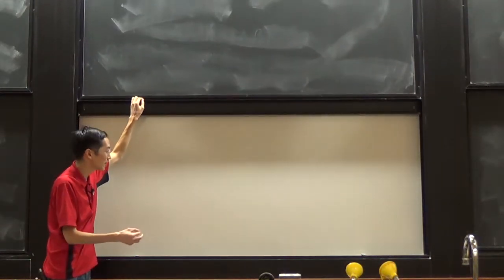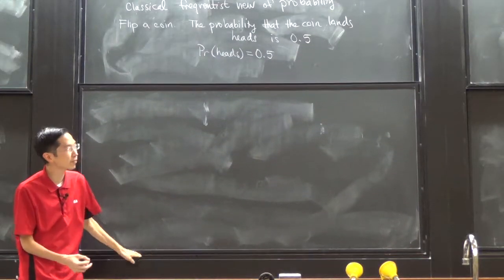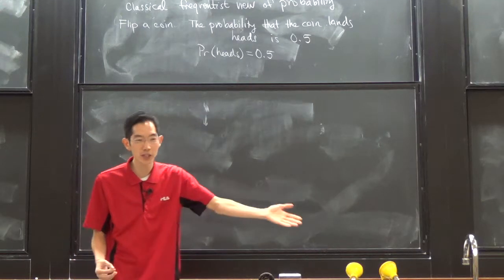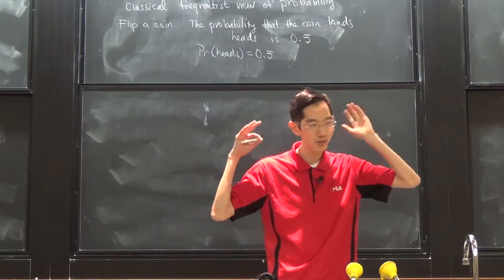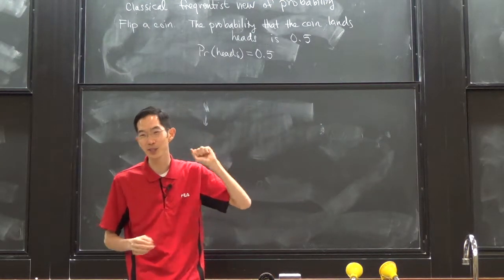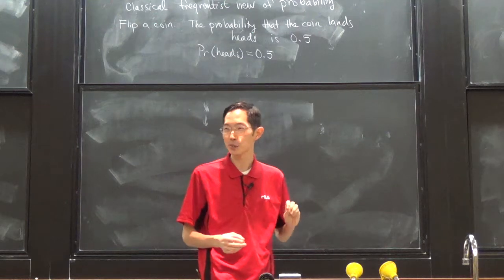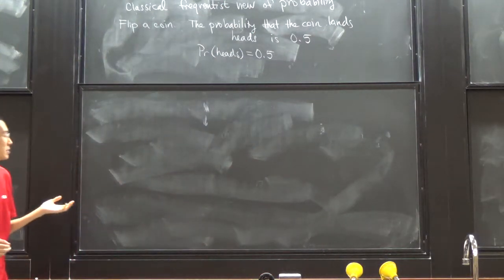The idea is, if I flip a coin, we have no idea whether it will land heads or tails. But there's some intuitive notion that says the probability or the chance or the likelihood that it lands heads is 0.5. But what does that mean?